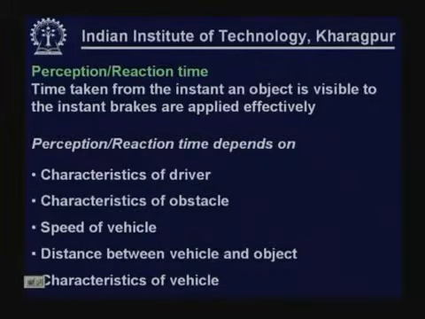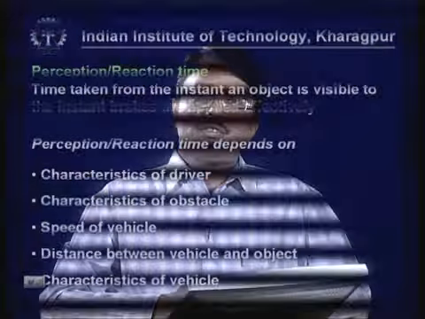First, the perception reaction time. Whenever there is a necessity to stop the vehicle, how does it happen? First of all, an object becomes visible to the driver, that information goes inside the mind, it is analyzed or processed, and the driver makes the decision that yes, he needs to stop the vehicle.